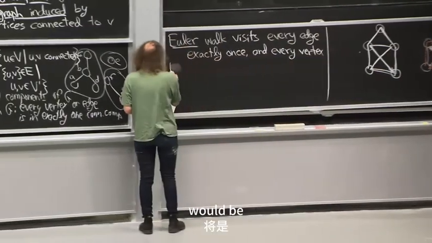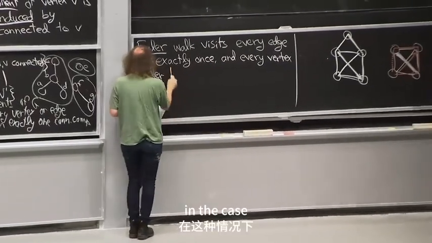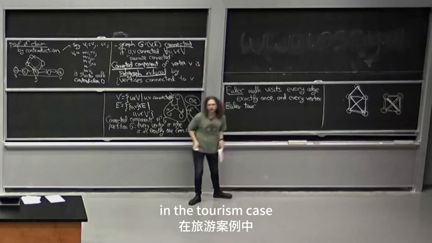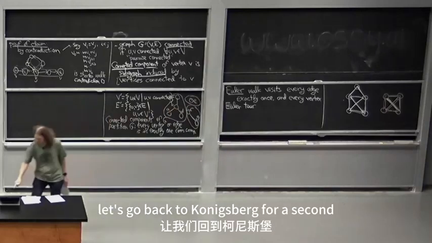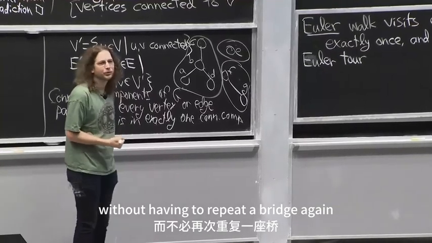Even better would be, I guess in the tourism case, let's go back to Königsberg for a second. Suppose your hotel is on island A. You start there, and you'd like to end at the same hotel without having to repeat a bridge again.